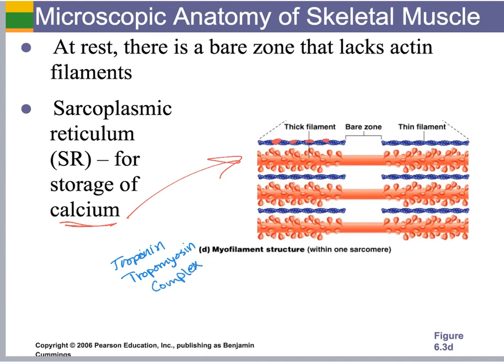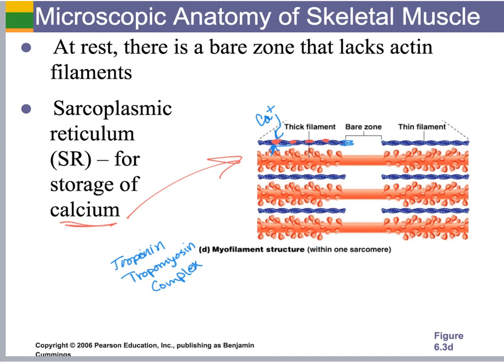So what happens is that the calcium molecule binds and it removes that troponin and tropomyosin, and that allows these heads to attach to the site. And like I said, once it attaches, it's going to pull it towards the center for shortening.